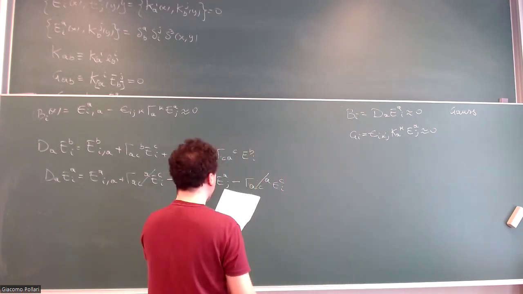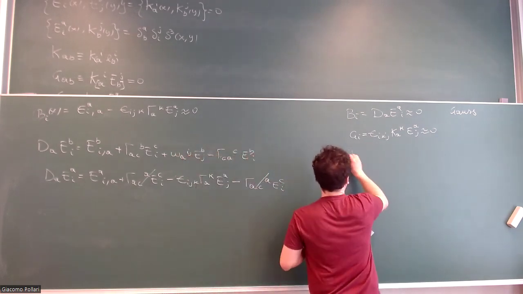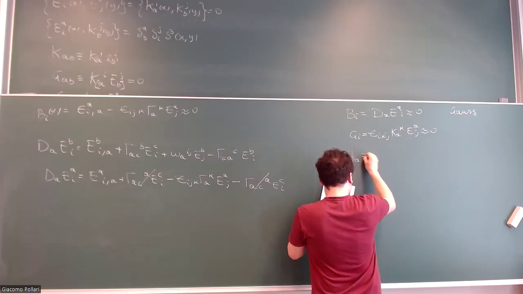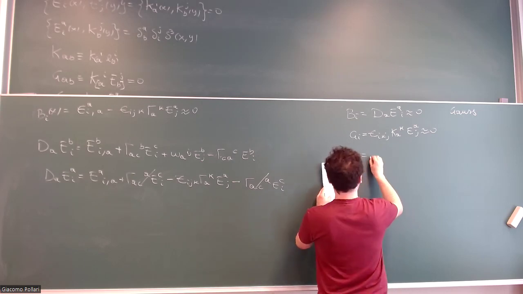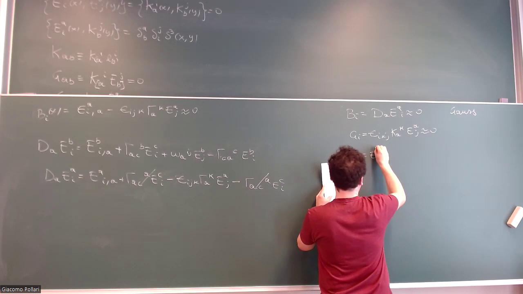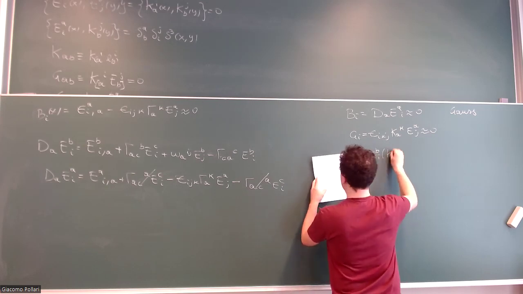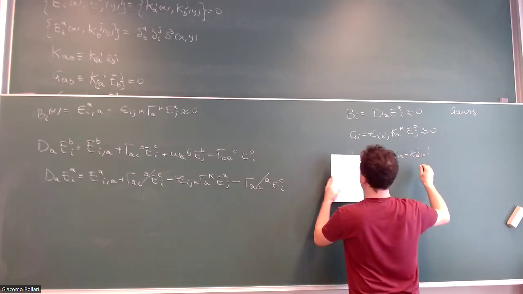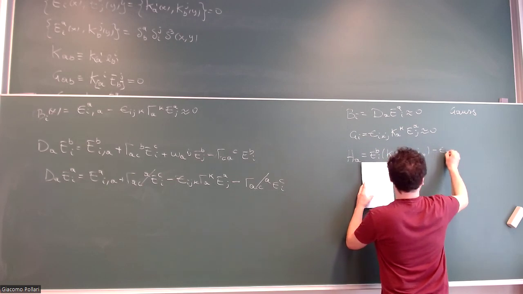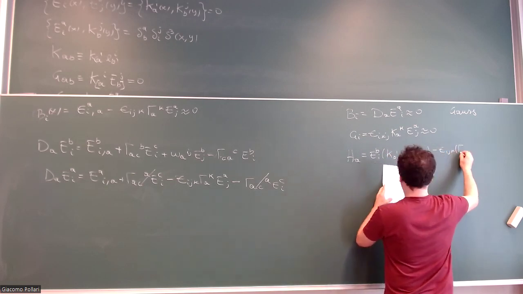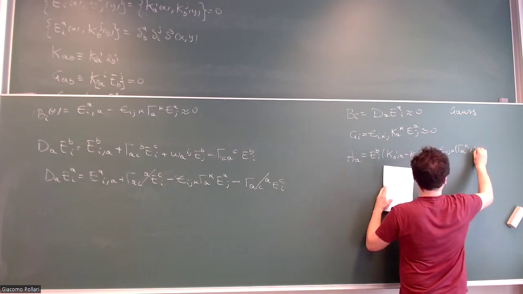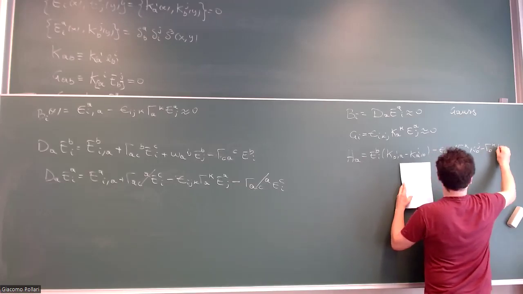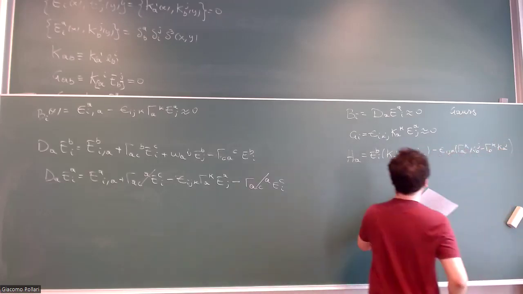Okay. Then we have the diffeomorphism constraint, which can be written as... right.